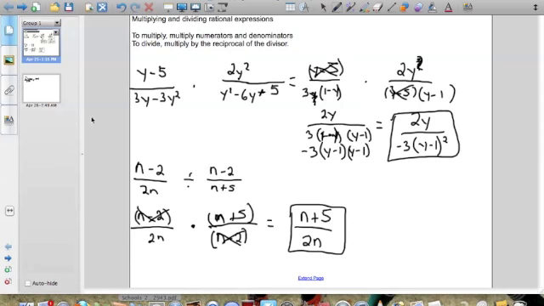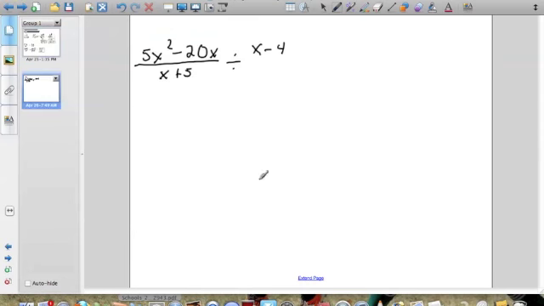We'll do one more example with division. On this one we're going to have to do some factoring. I'm going to set it up. I'm going to take the reciprocal of x minus 4, which is 1 over x minus 4. Over here the x plus 5 is still going to go in the denominator, and up top I can factor out a 5x, and I get x minus 4.